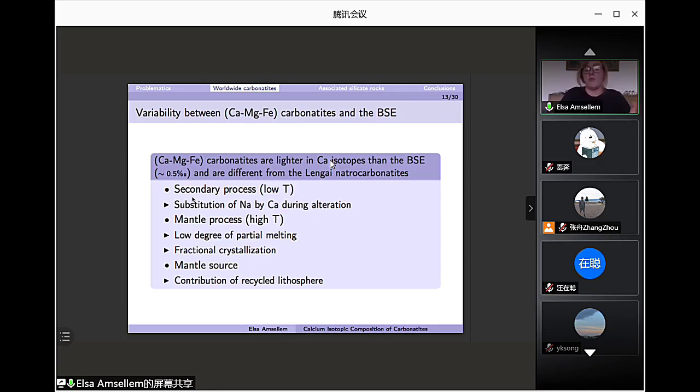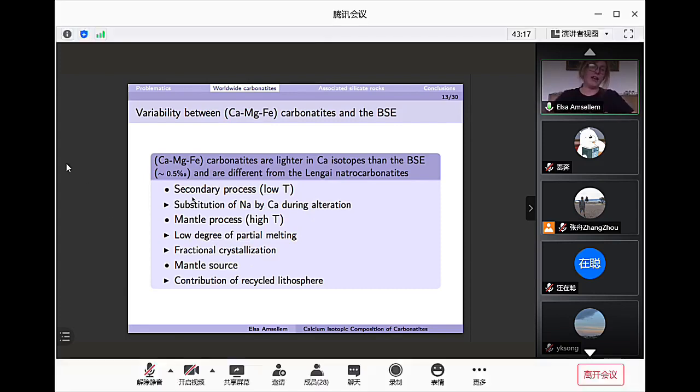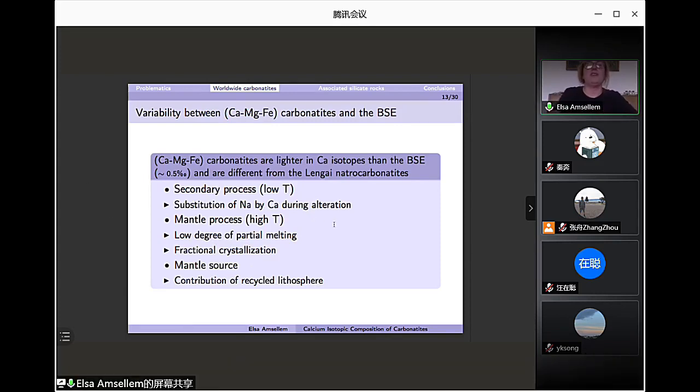So maybe the rock was supposed to be like the BSE value, and because it was erupted a long time ago, it has been weathered and altered, so the composition might have changed. So in the following, I'm going to show you the test to check if it's due to secondary processes.